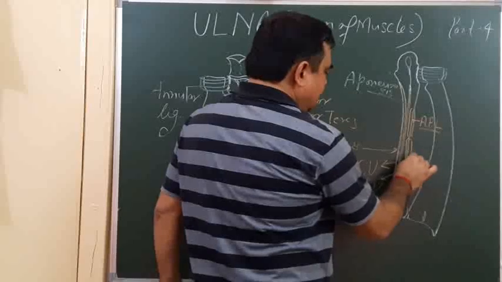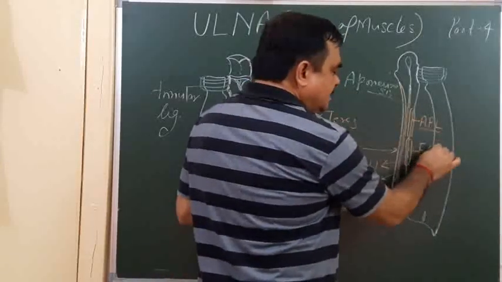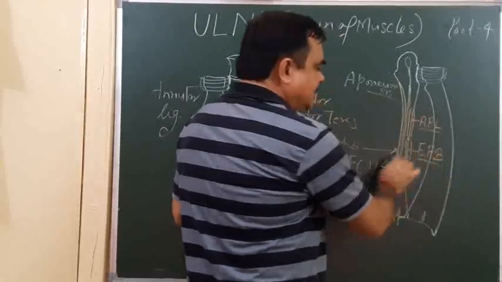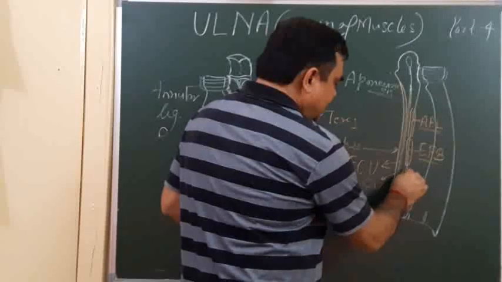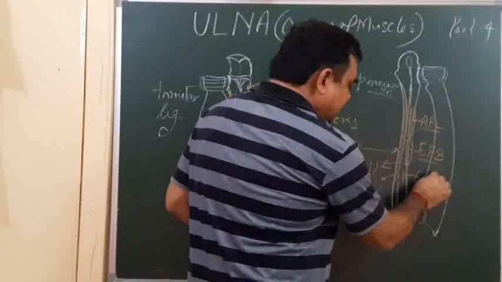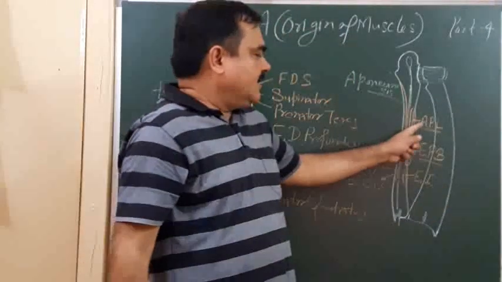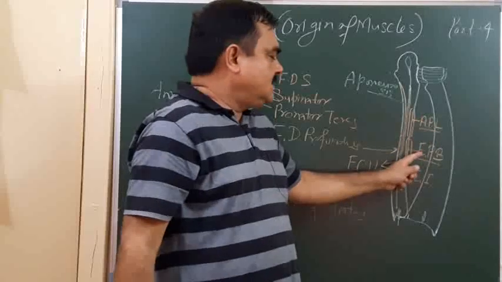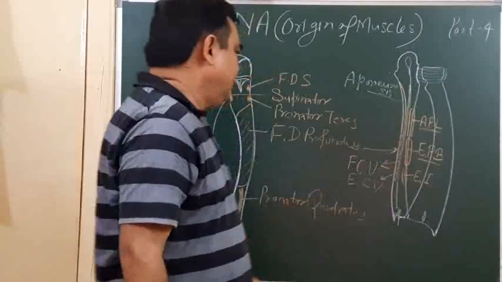Here is extensor pollicis brevis. And there is extensor indicis. So abductor pollicis longus, extensor pollicis brevis, and extensor indicis.